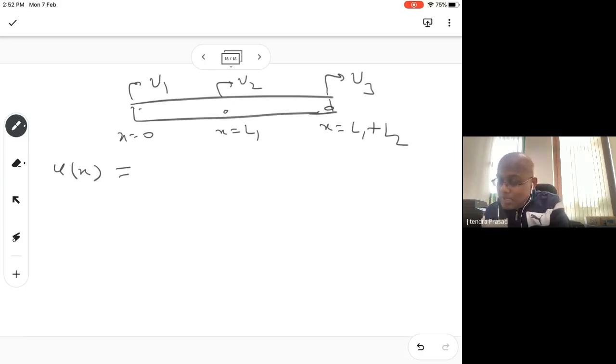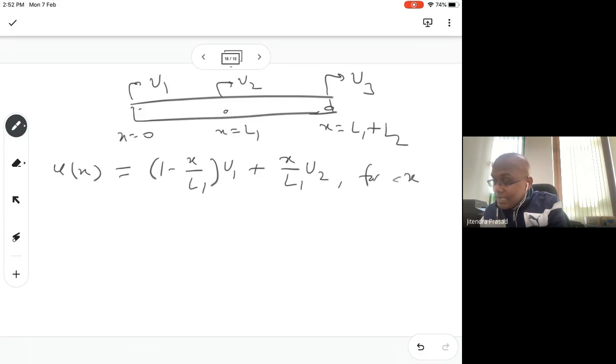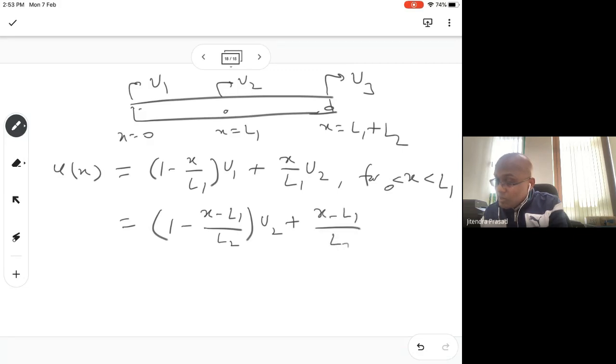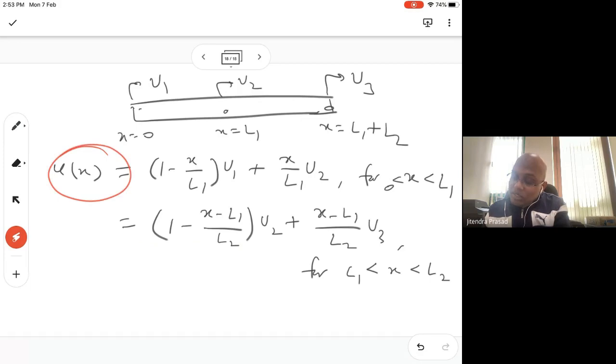Whatever we did really means that u(x) equals (1 minus x over L1) multiplied by u1 plus (x over L1) multiplied by u2 for x greater than 0 and less than L1, and equals (1 minus (x minus L1) over L2) multiplied by u2 plus ((x minus L1) over L2) multiplied by u3 for x greater than L1 and less than L1 plus L2. So this is your u(x), or trial function.